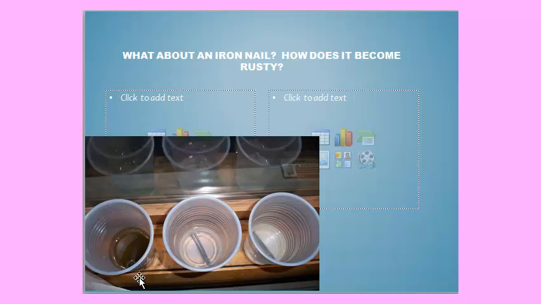So in this picture, if we were to expose these iron nails to just water, no air, it would not go through that chemical change, because the iron in the nail combines with oxygen in the air to form that iron oxide. So the compound forms with a chemical bond between the elements oxygen and iron. That's where that iron oxide comes into play.